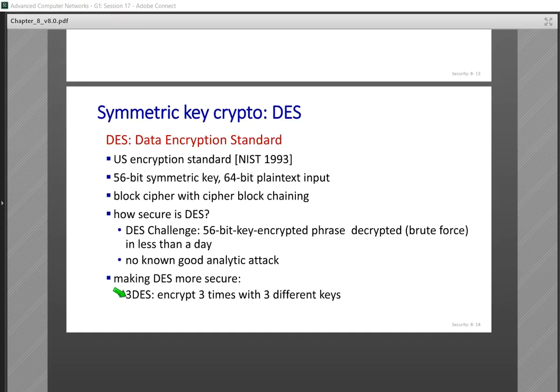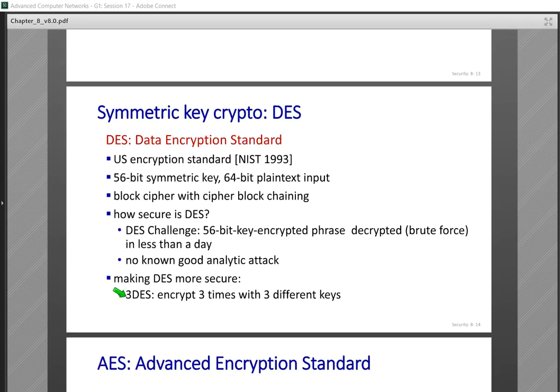In triple DES, we are using the DES mechanism, this algorithm, 3 times. So we can use 3 different keys because I'm using this three times. So 3 times, so we can use 3 different keys, or maybe we can use 2 different keys.